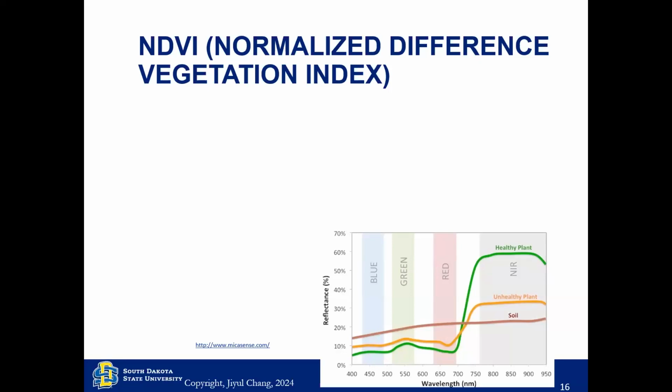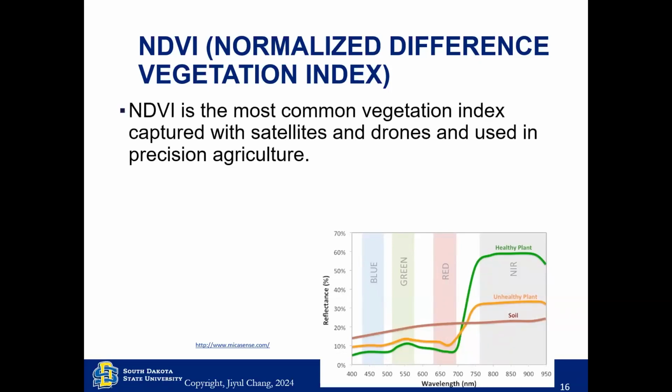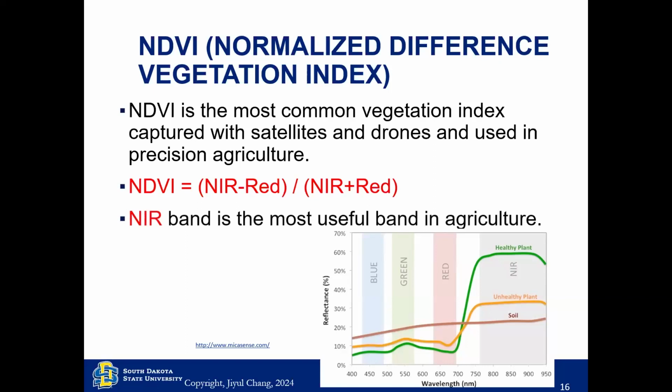NDVI stands for normalized difference vegetation index, as you know. NDVI is the most common vegetation index in agriculture, especially in precision agriculture practice. The equation of NDVI is near infrared minus red over near infrared plus red. So why is the near infrared band the most useful in agriculture? Because of this: this is the standard reflectance pattern of healthy and unhealthy plants.